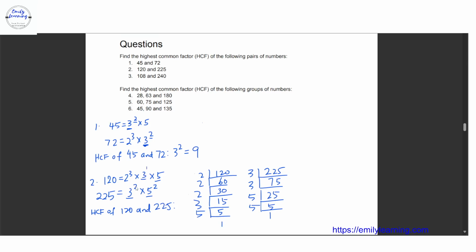So I have 3 to the power of 1 and 3 to the power of 2. Factors are always smaller than or equal to the number, so I'll take the smaller one, which is 3. Next, I have 5 and 5 squared. 5 is smaller, power 1 is smaller. So 3 times 5 is equal to 15. Hence, the highest common factor of 120 and 225 is 3 times 5, or 15.